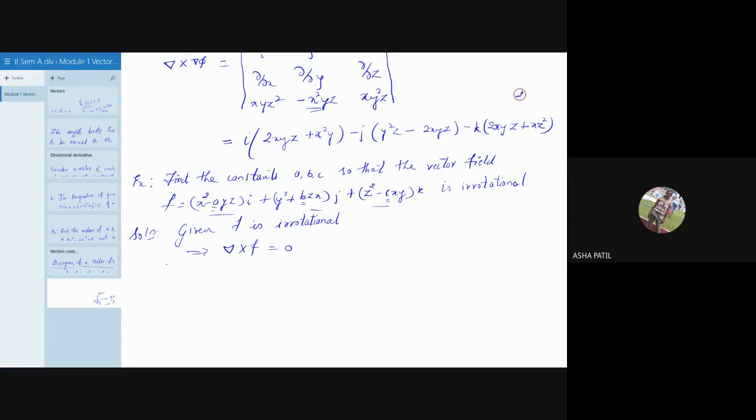So we'll go for del cross F, that is, I'll write i, j, k, dou by dou x, dou by dou y, dou by dou z, then F1, that is x square minus ayz, y square plus bzx, and last term it is z square minus cxy is equal to 0.